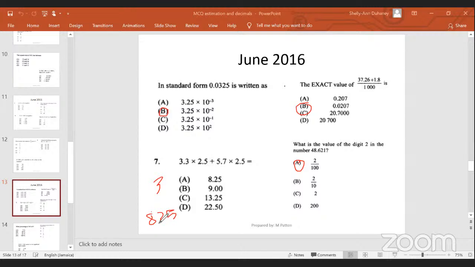So that would be 8.25. When I multiply 57 by 25, what do we get? 1425. How many decimal places again? 2. So when you add up 14.25 and 8.25, you're supposed to get not an approximation, but the exact value, 22.50.